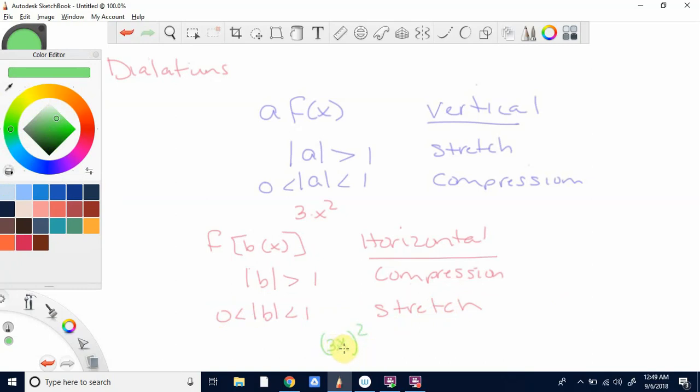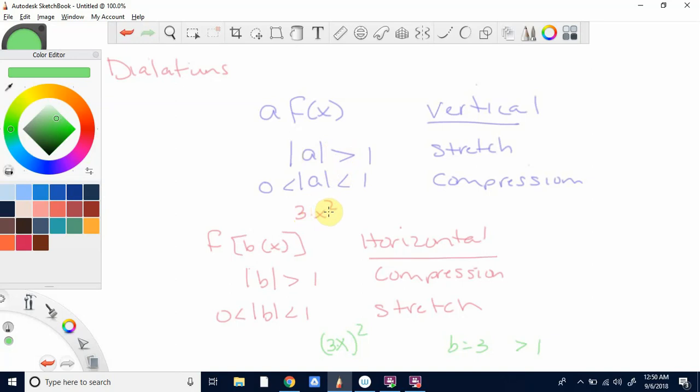That 3 is times the x, but it's inside the function. It takes on the square, correct? So therefore, it's a horizontal compression because the absolute value of B is equal to 3, and the absolute value is greater than 1. So that's why it's a horizontal compression. Where this would be a vertical stretch because it's greater than 1, the absolute value.